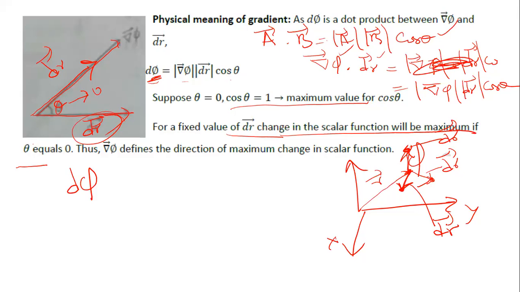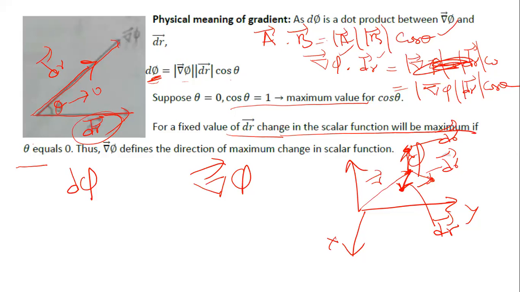So if you choose your dr vector such that it is along the direction of the gradient of the scalar function, then you will find that phi will have maximum change, or it will have a maximum effect on phi values.